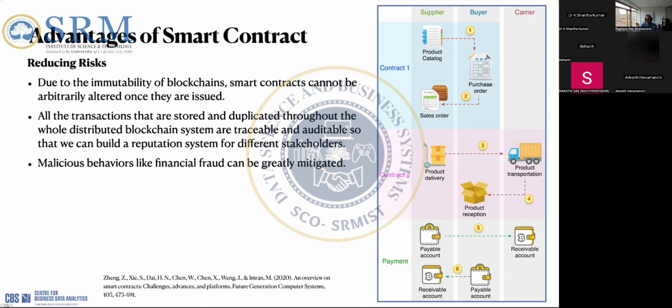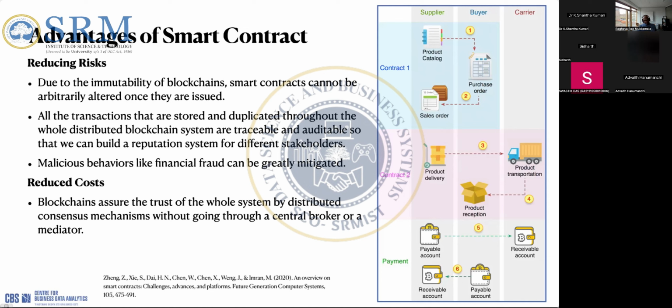For example, you can easily build a reputation system like the Amazon ratings to see how the suppliers, buyers and carriers behave. This is a very good way of building an immutable reputation system. Therefore, malicious behaviors and financial fraud can be easily mitigated.